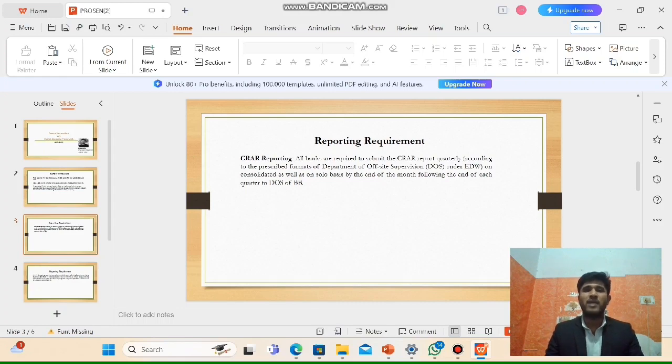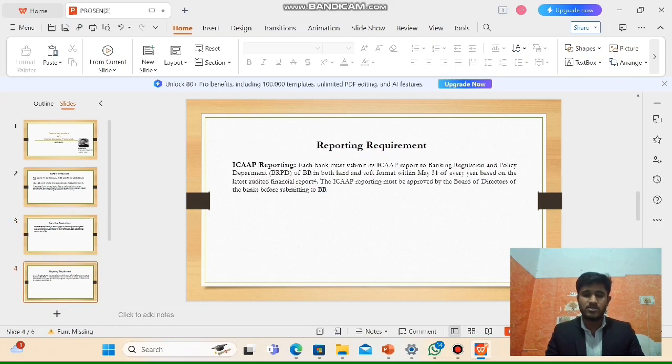CRAR reporting: all banks are required to submit the risk-based capital adequacy report, which is RBCA, in a specific format prescribed by DOS, which is the abbreviation of Department of Offsite Supervision.